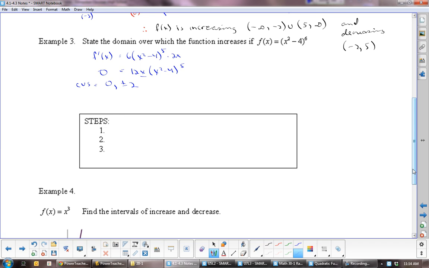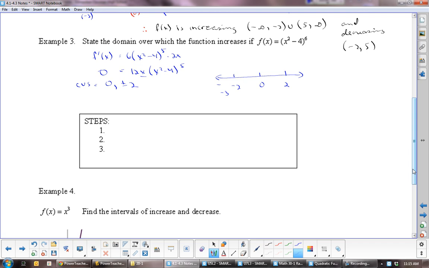Okay, so let's go to the number line. We've got -2 on there, we've got 0 on there, we've got 2 on there. Okay, so if I'm going to start, I always go left to right, so anything less than -2, let's go -3. So 12 times -3 would be a negative.